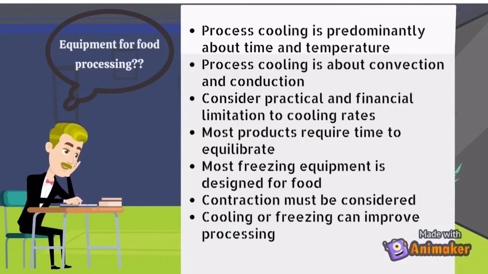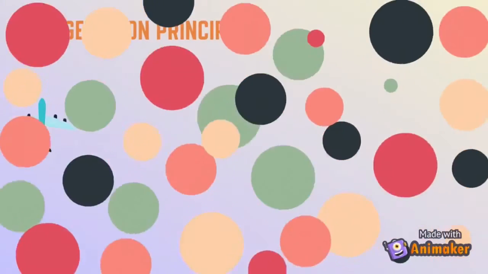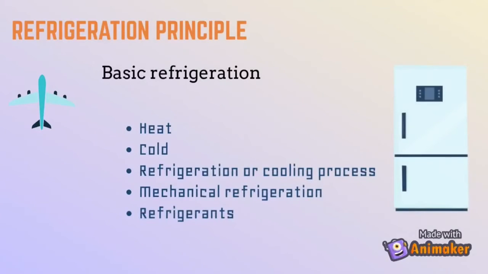Consider practical and financial limitations to cooling rates. Most products require time to equilibrate. Most freezing equipment is designed for food. Contraction must be considered, and the last is cooling or freezing can improve processing. Basic refrigeration principles consist of heat, cold, the refrigeration or cooling process, mechanical refrigeration, and the last is refrigerant.